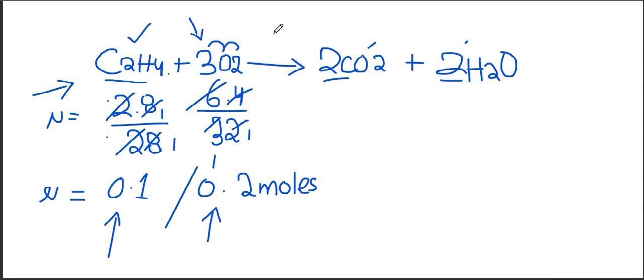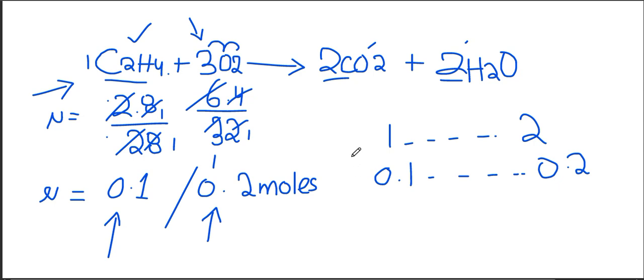So 1 mole of C2H4 gives me 2 moles of CO2. That means 0.1 moles of it gives me 0.2 moles of CO2, as the equation said. I just proved that for you.